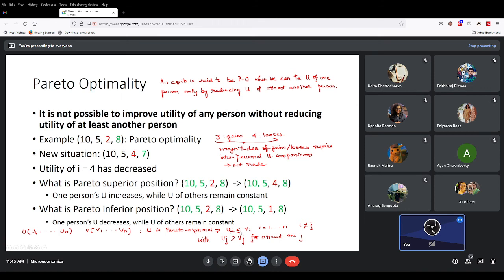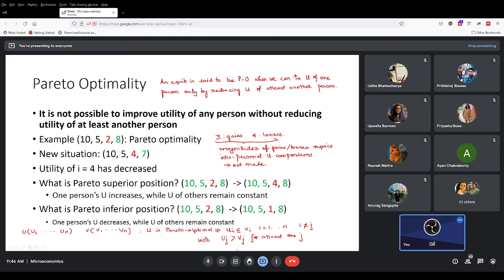ui is 2, vi is 4. So now ui is less than or equal to vi. Okay.